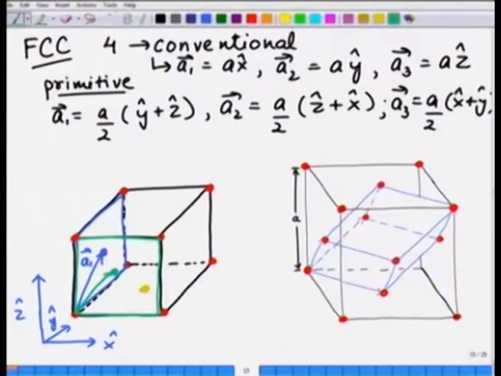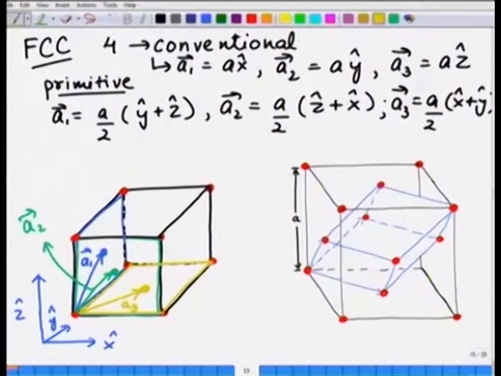This is the face center point on this plane. This is the a2 vector. And similarly, if I take the bottom plane, a3 is in the XY plane. So, it is on the yellow plane. If I take this bottom plane right here, and the face center point is right here, then this is a3.